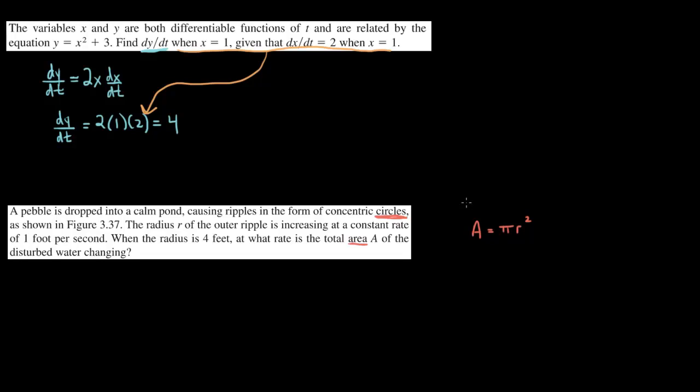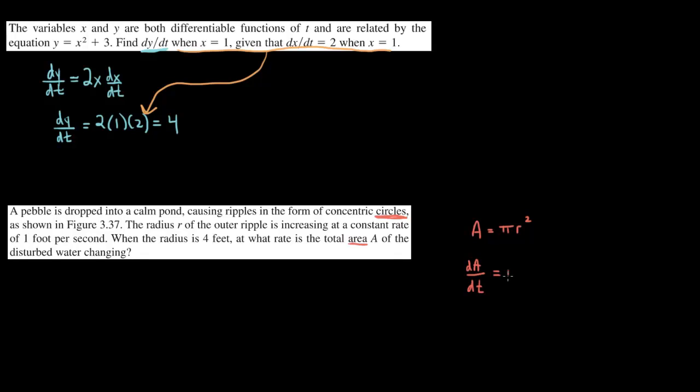Now when I use implicit differentiation and take the derivative of both sides with respect to t, what do we get? Well, A is just a single A to the first power, so the derivative would be 1 times dA/dt. Now remember pi is just a constant here, so think about the constant multiple rule.